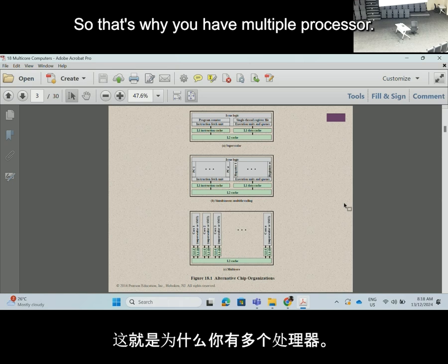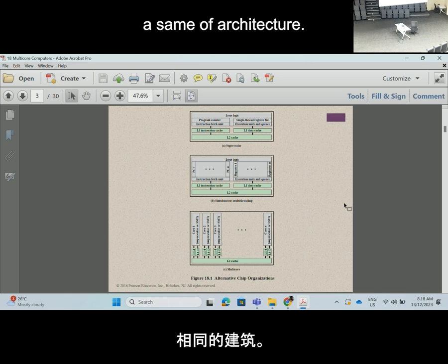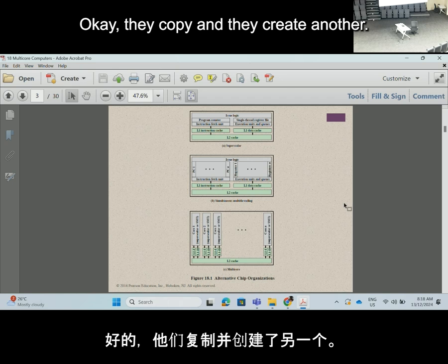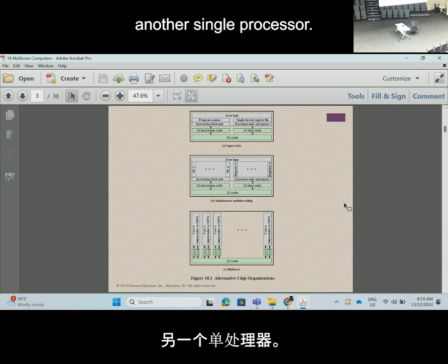So that's why you have multiple processors. Instead of the first one, a single processor, with the same architecture, they copy and create another. So that's why you have another CPU, another single processor.